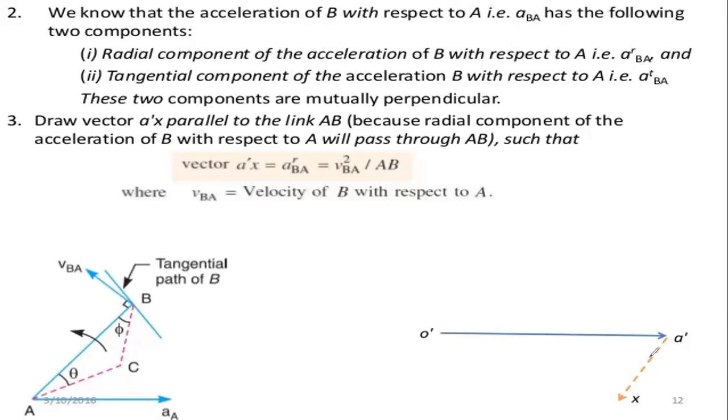I am drawing the A dash x line, which is parallel to the link AB. So this is the actual link, and they are both parallel to each other.